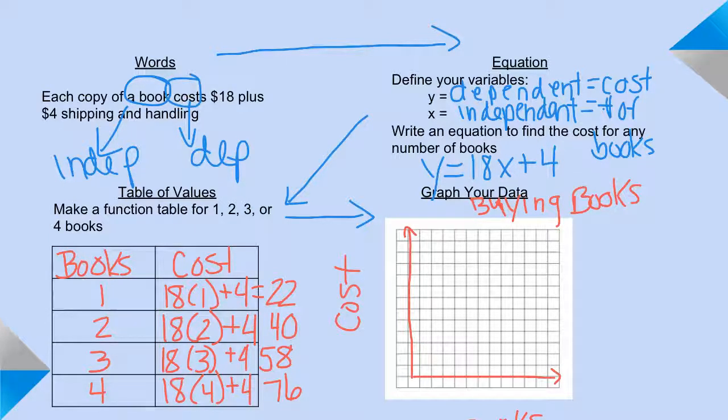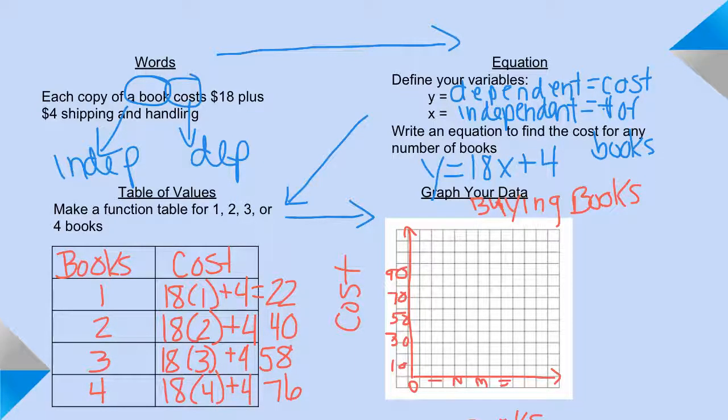I'm going to buy 0 books there, then 1, 2, 3, 4 books. And then for my cost, I'm just going to go by tens, which is going to be really hard on the iPad: 10, 20, 30, 40, 50, 60, 70, 80, 90.